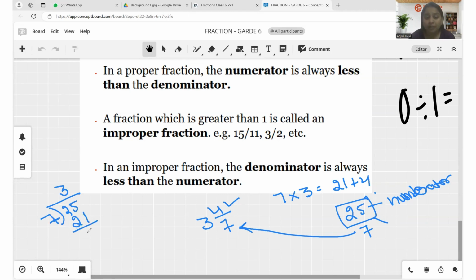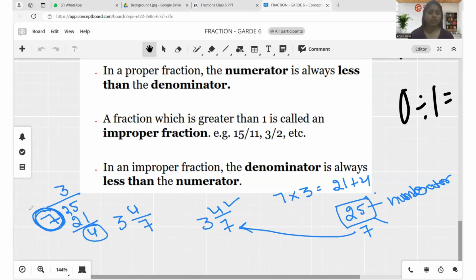How much will be left? What's going to be the remainder? Correct, 4. How do we present it? Your denominator remains the same. This one becomes your denominator. The whole number comes at the side and the remainder comes on the top. That's how you get 3 4 by 7.